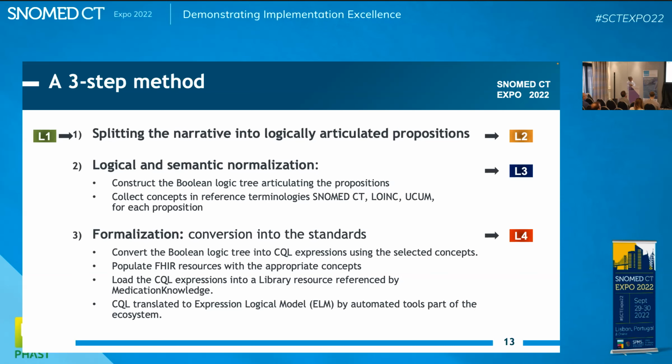Then the second step is the logical and semantic normalization, which constructs a Boolean logic tree representing the logic of the indication, for instance, and which selects all the concepts which are needed to convey the meaning of this. And the last step is the formalization, so the conversion into standards. So both the FHIR standard and the CQL standard for the reasoning part.